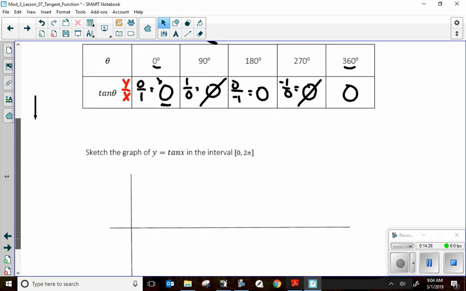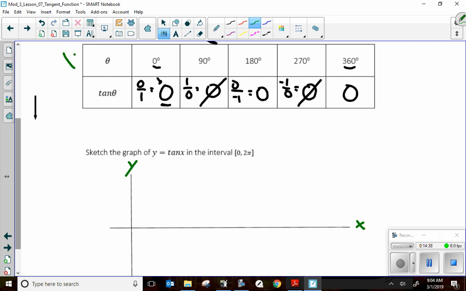This is my table now, okay? We found tangent by taking y over x on the unit circle. When it comes time to graph this, what goes on my x-axis and what goes on my y-axis? This column in my table represents the x's for what I'm about to graph. And the bottom column, the tangent, represents the y. So the y is really whatever the tangent of my angle is, right?